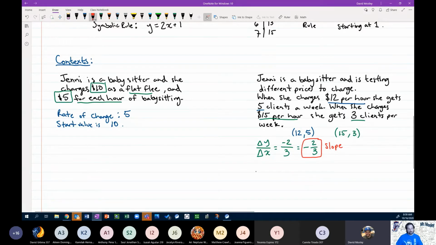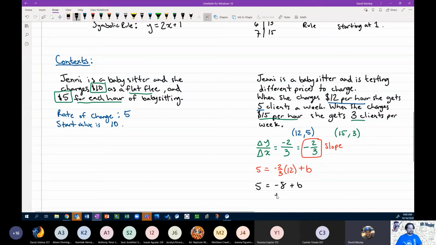To find the y-intercept, we pick a point, 12, 5, and solve for b. We set up the equation like this. When we do negative 2/3 times 12, let's see, negative 24 divided by 3, that's negative 8. 5 equals negative 8 plus b.